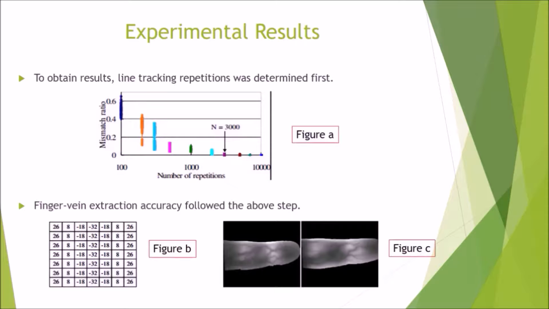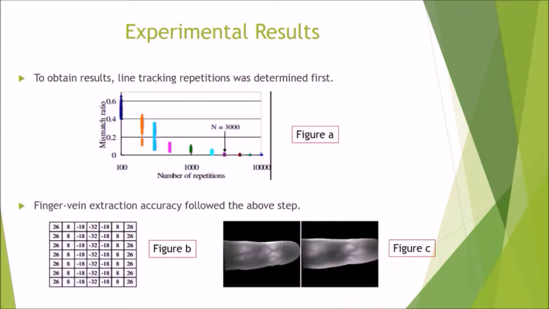Figure A in the slide shows the relationship between the total number of line tracking operations, which is equal to n, and the differences among the finger vein patterns extracted from the same image. The mismatch ratio was small for larger n, greater than 3000, and it was only about 0.5%. This means that the patterns were approximately the same for all images.